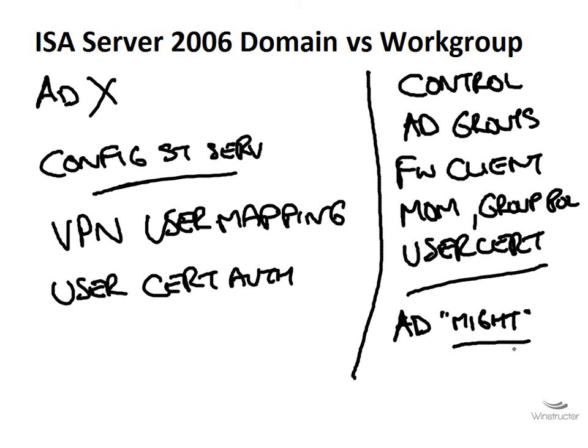Now, this is by no means a definitive list, and you'll probably be able to think of some other pros and cons to each side of the argument, and that's great if you can, because the main purpose of this video was really to highlight some concerns that people out there on the internet have and bring them out into the open, onto the table, so we can discuss them so you can make a more informed decision about your own deployment. The fact is, though, if you don't configure ISA server properly, then it really doesn't matter which deployment choice you've decided to make.